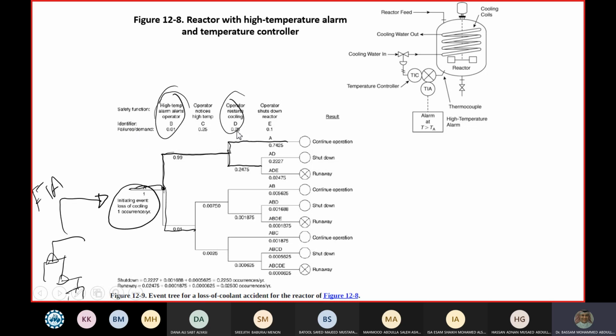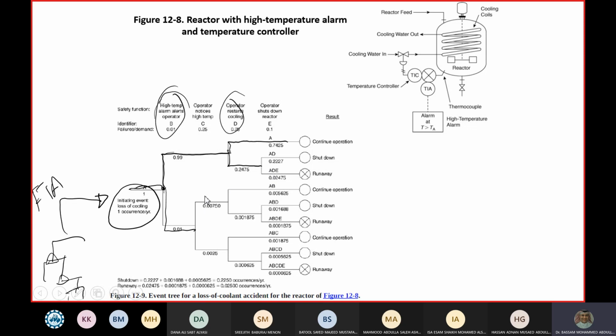So I multiply 0.25 with 0.2475, and I will get this value of failure. Okay, and this is the value of him noticing it, and you can see that for the continued operation, there's a good probability here, but we can have things that will run away, but there's a low probability of things that will run away, which is good, which is really good.